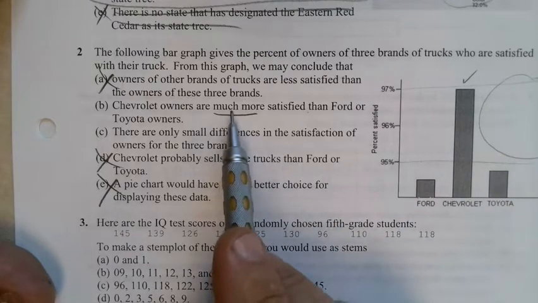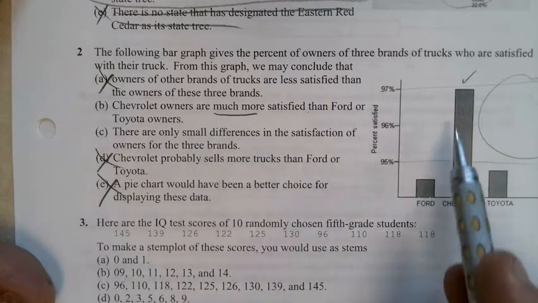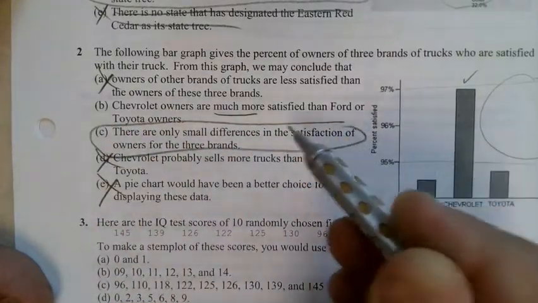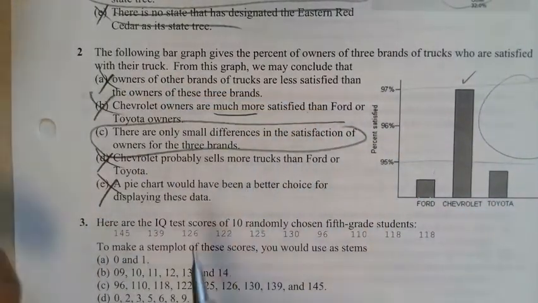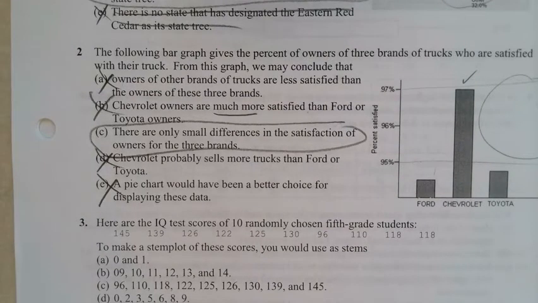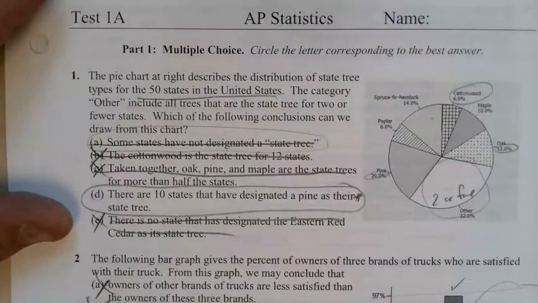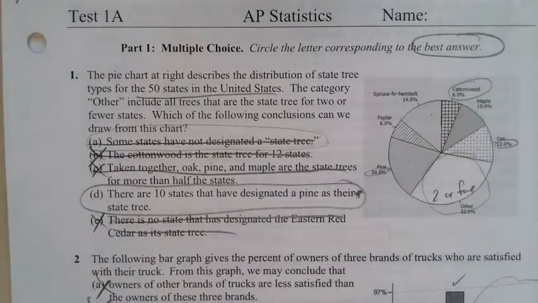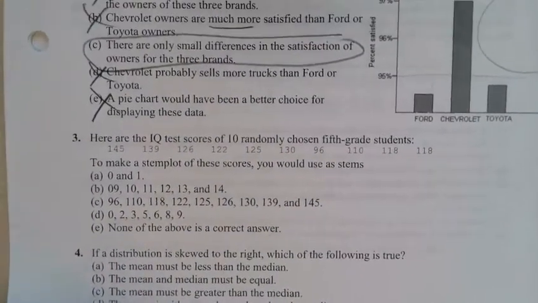So I really don't like this much more satisfied because these aren't much more. There's only a small difference in these. So you're going to start looking for things, and check out the instructions, and the AP test is the same way. Circle the letter corresponding to the best answer. Okay?